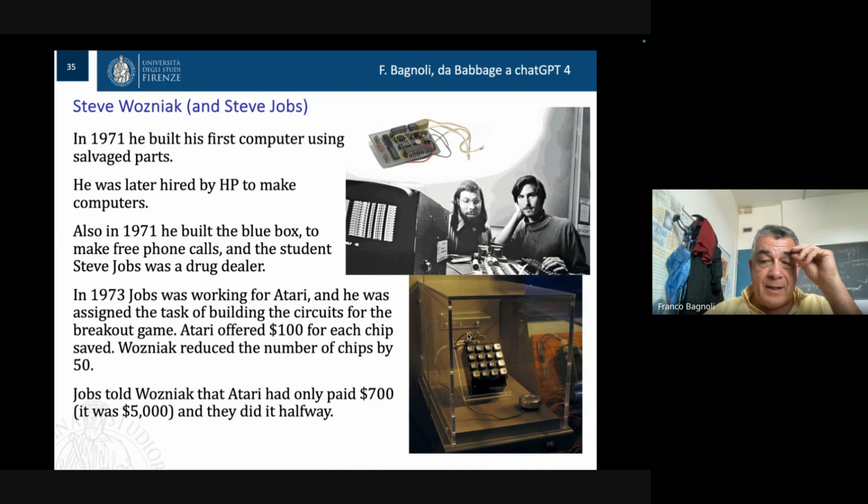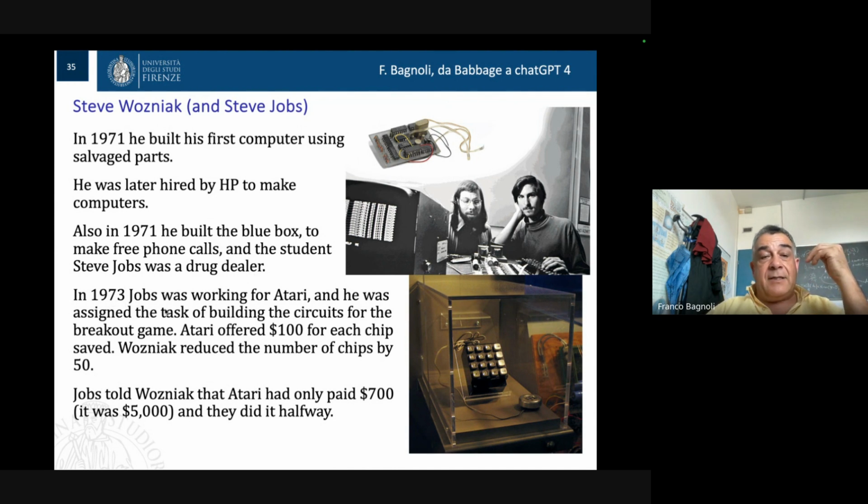So they were selling these hacker devices, the blue box. And so essentially, Steve Jobs was a kind of drug dealer, not selling drugs, but selling these kinds of devices.